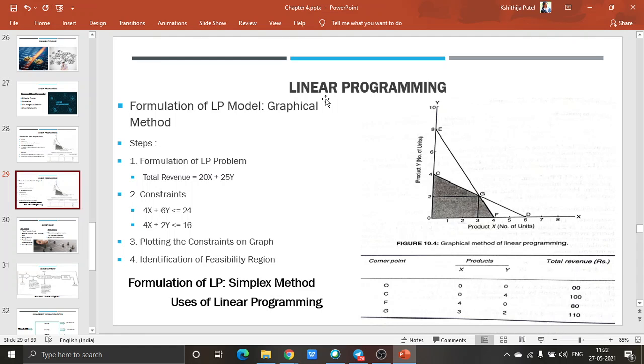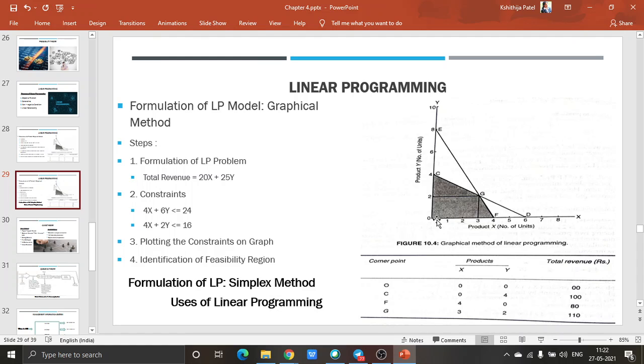Now the possible combinations of production of the two products X and Y within the given constraints of machine time available on machines A and B would be within the feasibility region O, C, G, F. Whatever comes within this is regarded as feasible.